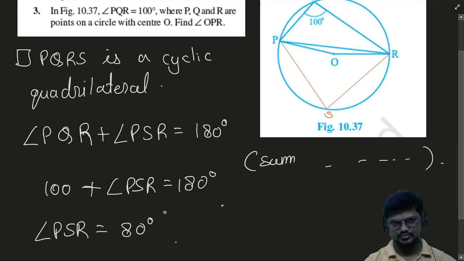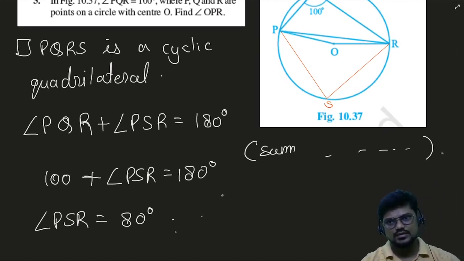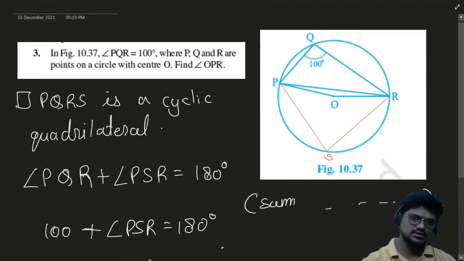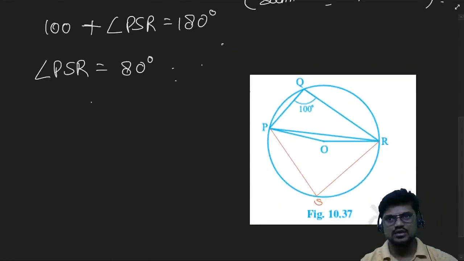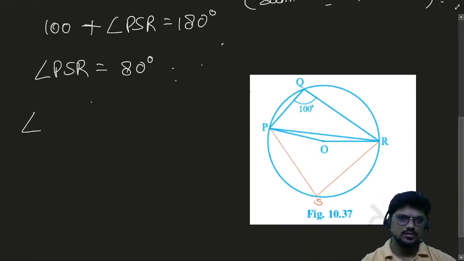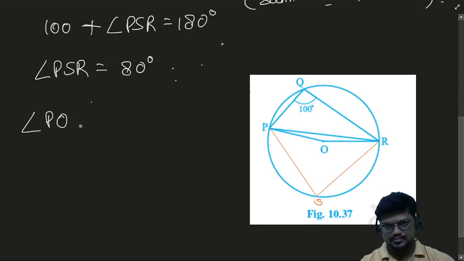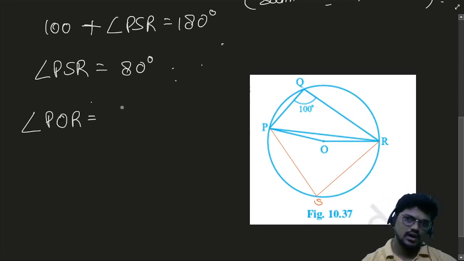Okay, I need angle POR, right? If I take this circle over here, angle POR is twice of angle PSR.